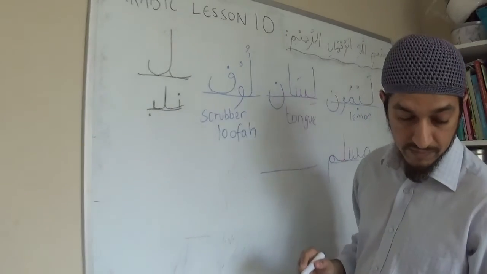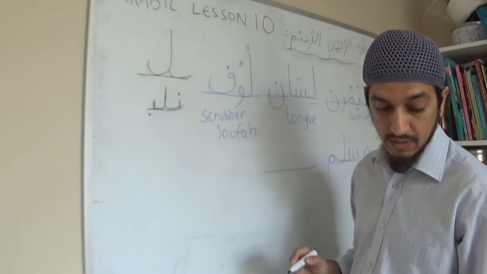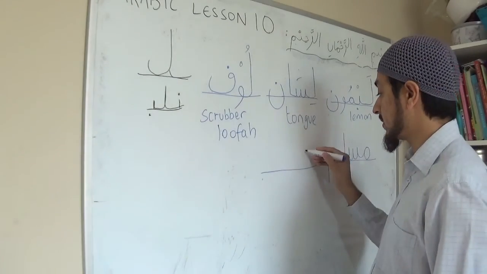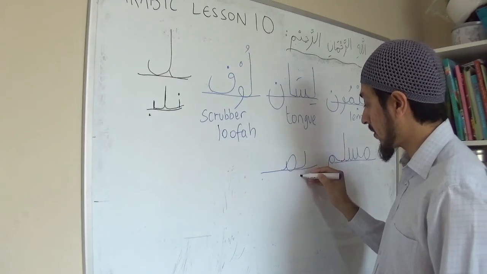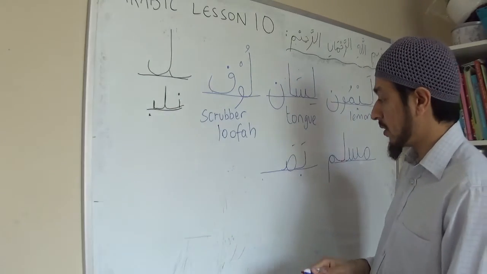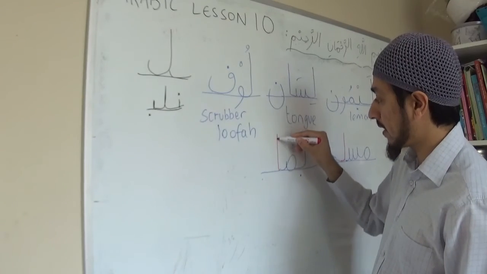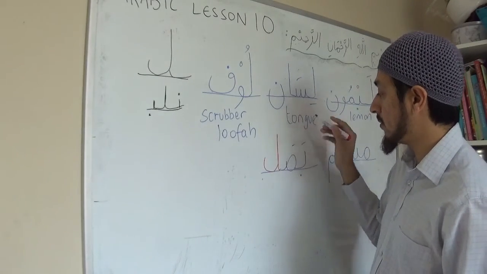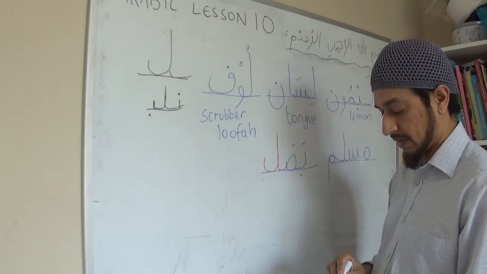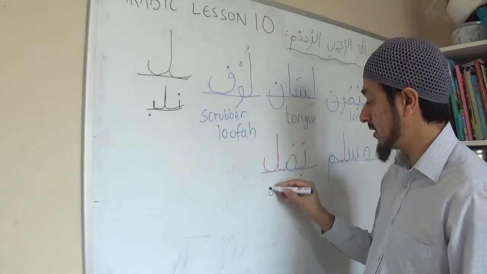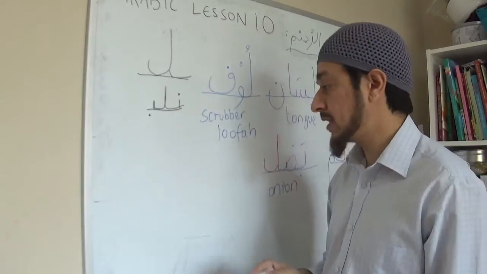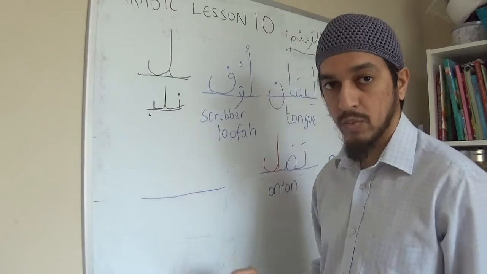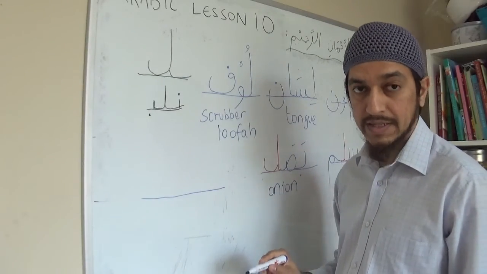And we have the final two, basal, start with a ba, seen, and finish off with a lam. Basal. And this is an onion. And finally we have hilal.